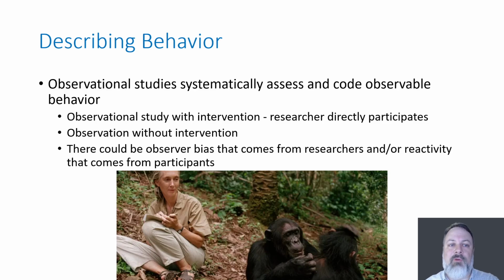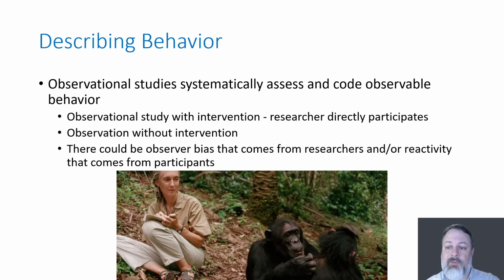You can also have observation without intervention. Maybe you're watching the participant through a one-way mirror, or through a camera system, or you're otherwise not in the field of view of the participant. Now, one thing that we have to be really careful about in this is observer bias, that you are not injecting your own thoughts into the behaviors that you're observing.